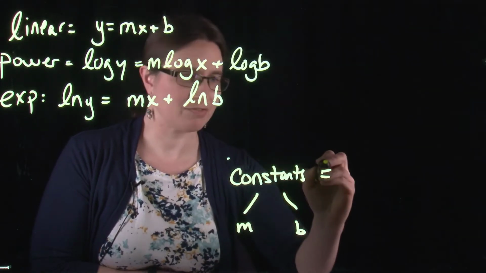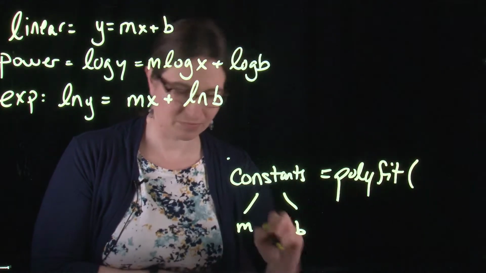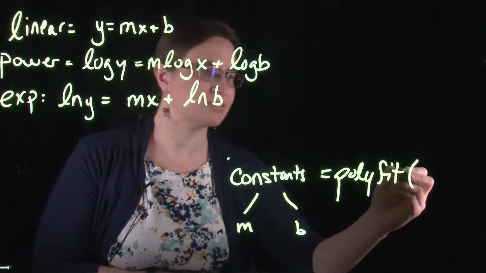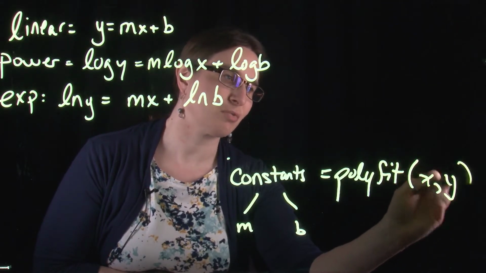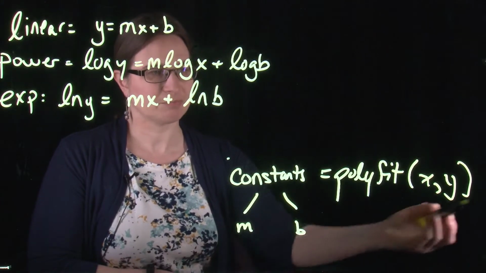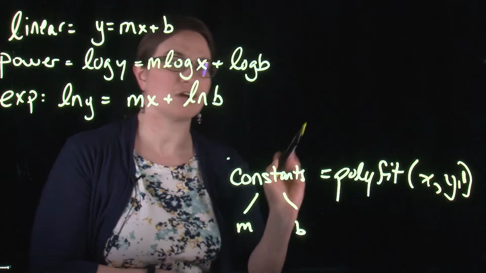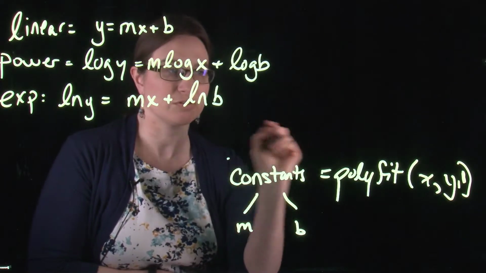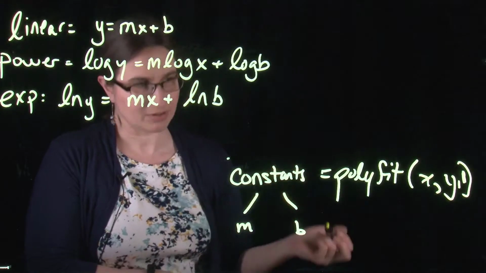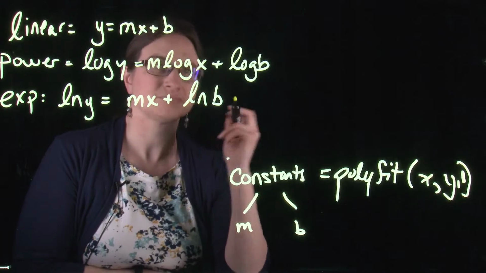And then we have the command polyfit. And we've put in our x, so whatever's on our x-axis, and whatever's on our y-axis. Okay, and what order function it is. In this case, these are all first order because the power on x is all first order. There's just one. Okay, and so this is a general form for a linear function.